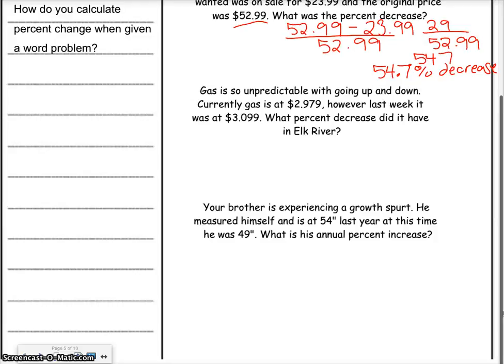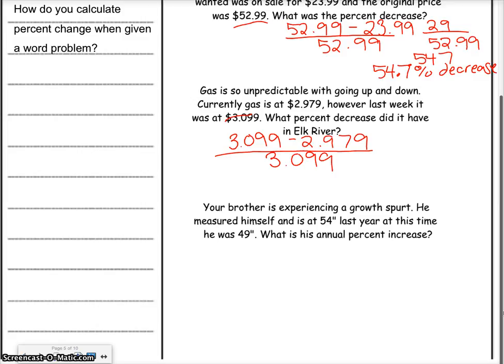And it was $3.099. What percent decrease did it have? Big number, take away small number, over where it started. Where did it start? The 3.099.